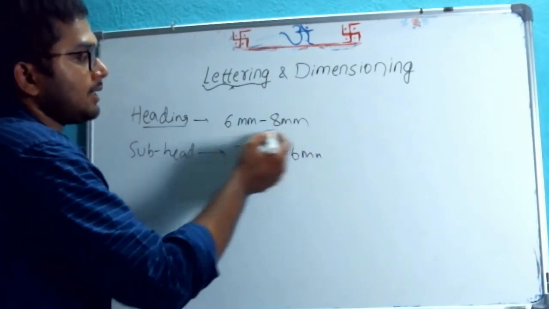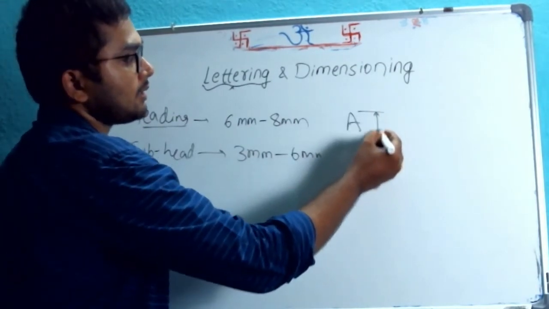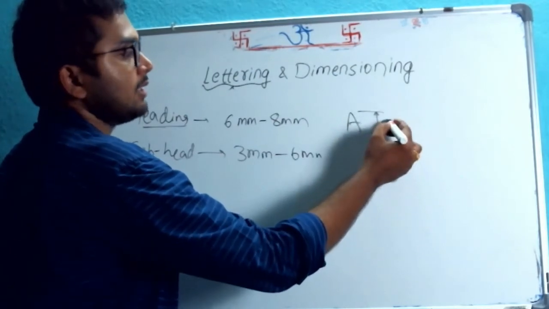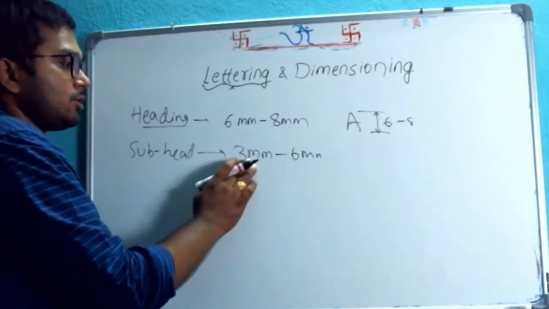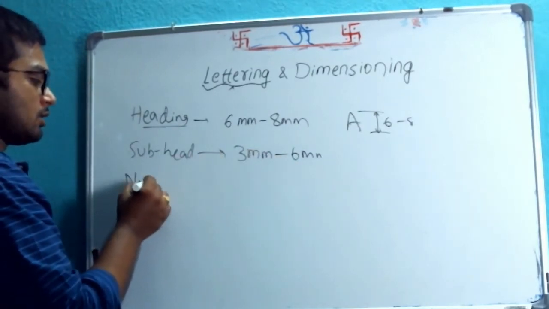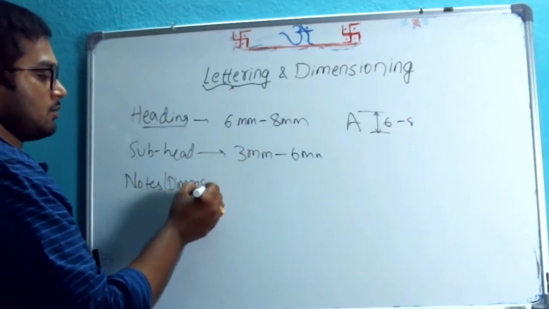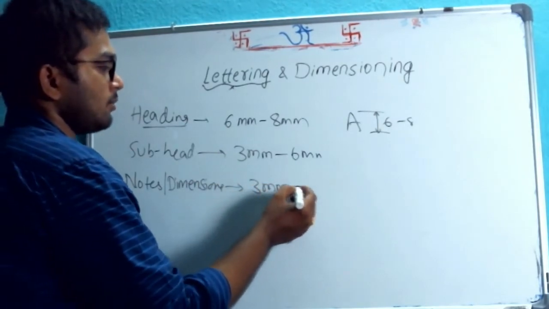By the height, I mean, for example, say this is A, then this particular length, this particular altitude, is the height. That should be 6 to 8 mm for headings, and 3 to 6 mm for subheadings. For notes or dimensions, it should be somewhere between 3 mm to 5 mm.